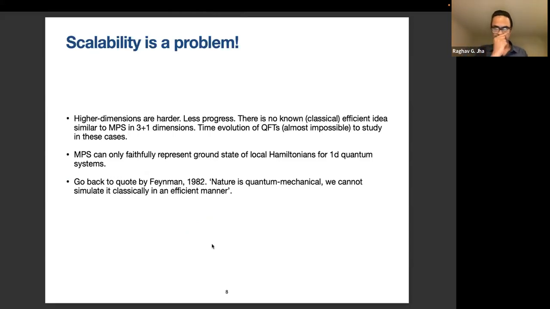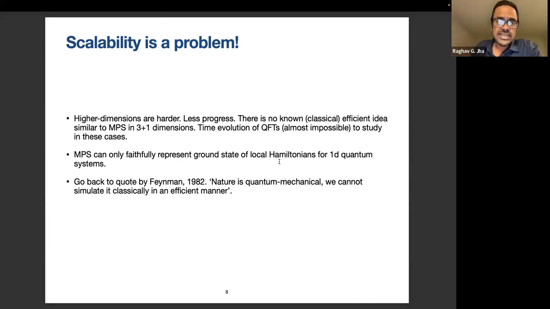But if everything was all right, we would be happy and not think about anything else. But obviously there's a problem, because we cannot go to higher dimensions. For example, using tensor networks, something like MPS in higher dimension is not well-known, in the sense that we cannot understand how these things work in, say, 2+1 or 3+1 dimensions.